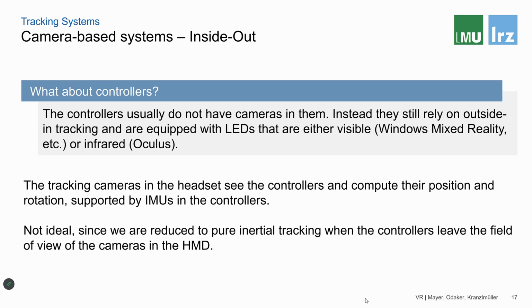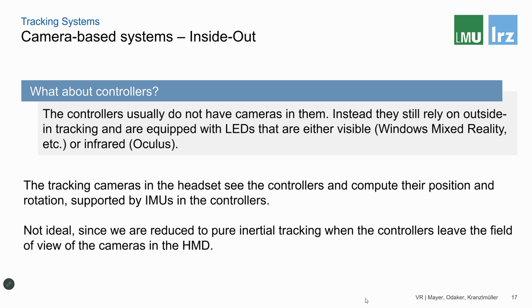Some of the Vive inside-out devices also used the visible light. You get this weird pattern on the controllers, and you can usually see that the controllers have like a plastic ring on them. Quest 3 doesn't, but the others have mostly. And with Oculus, you don't see any LEDs because they use infrared, and that's just not visible to the human eye.